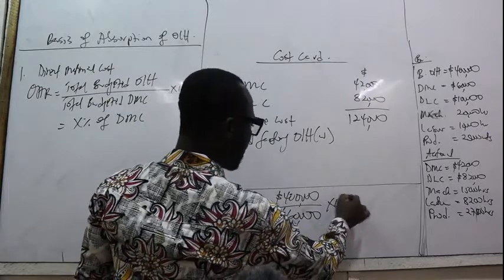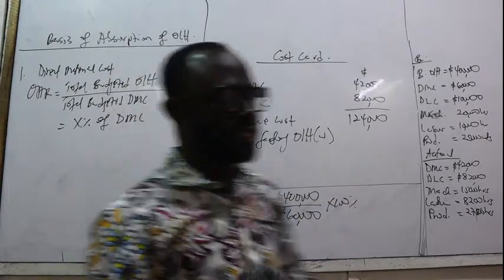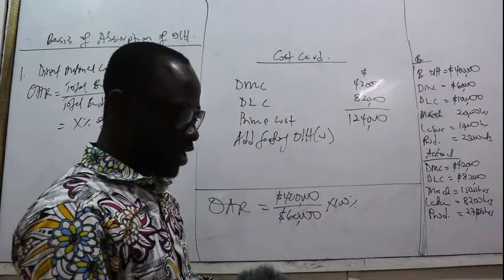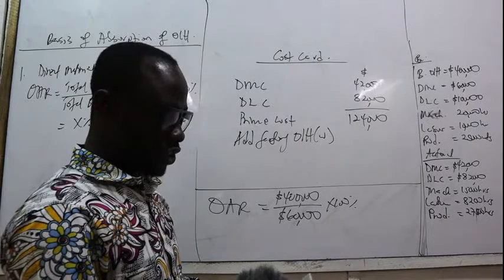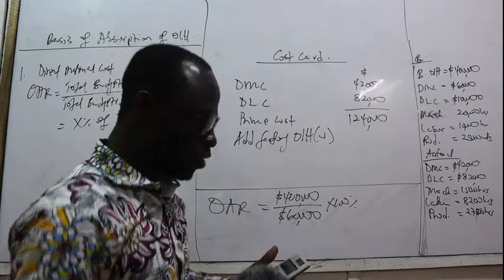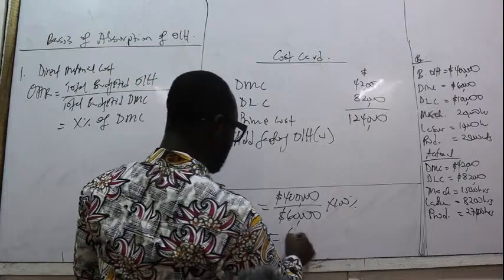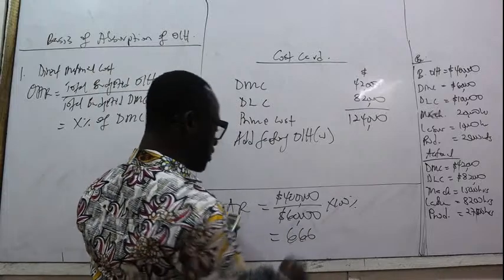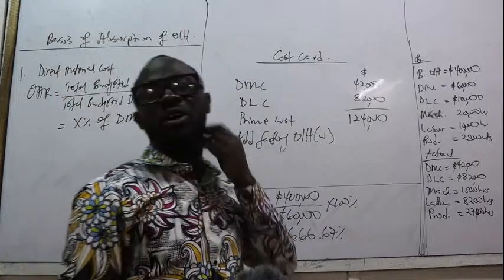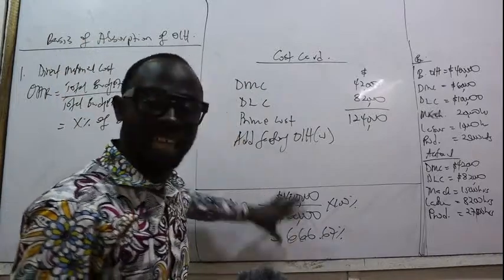So 400 over 60 times 100 gives 666.67%. That is the overhead absorption rate.